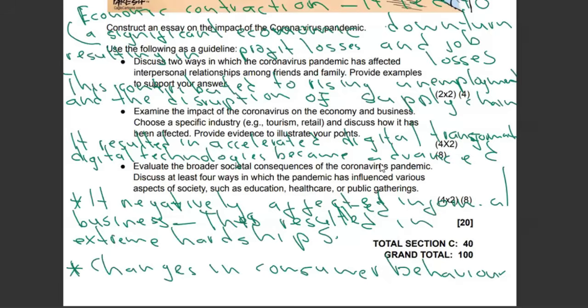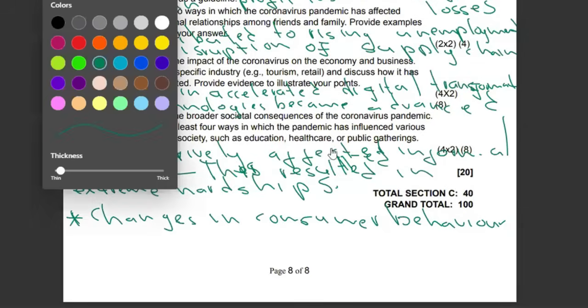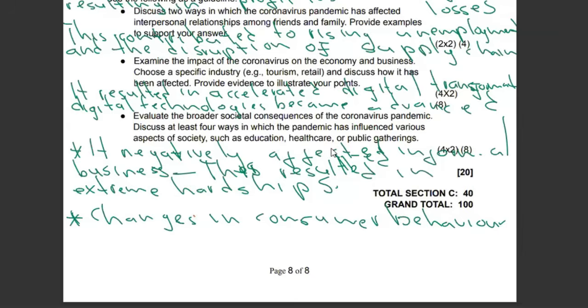Then moving on to the second bullet, examine the impact of coronavirus on the economy and business. Choose a specific industry, e.g. tourism and business. So for the purposes of this discussion, I'll choose tourism.